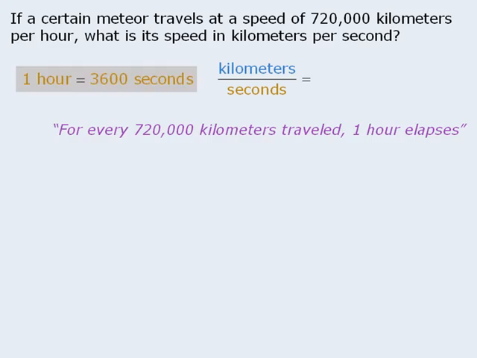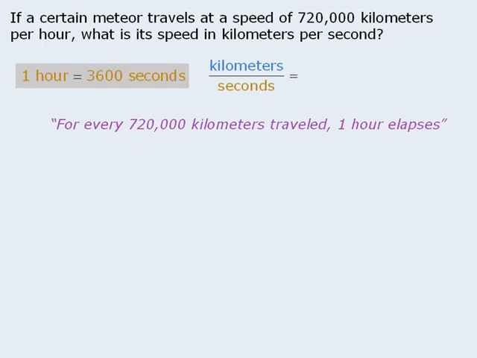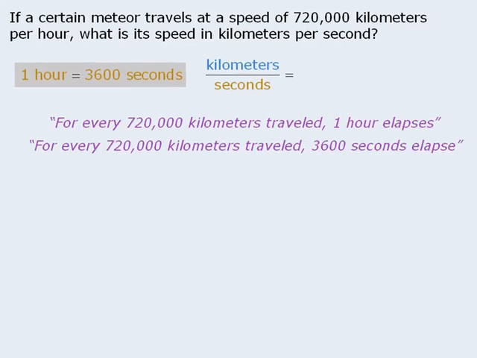So since 1 hour is equal to 3600 seconds, we can reword our statement to say, for every 720,000 kilometers traveled, 3600 seconds elapse. At this point, we can return to our ratio and say that the number of kilometers to the number of seconds is equal to 720,000 kilometers to 3600 seconds.